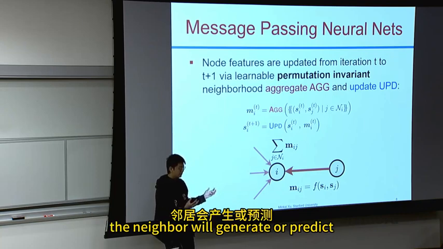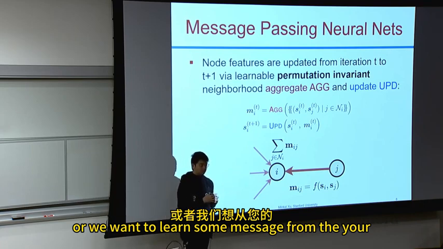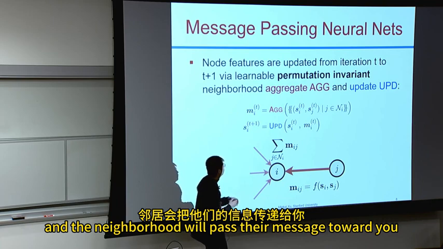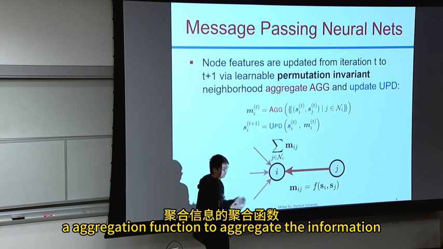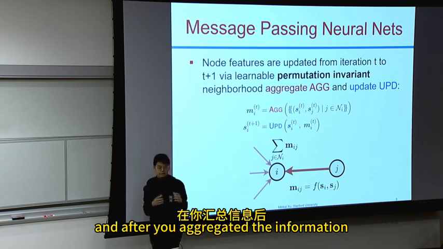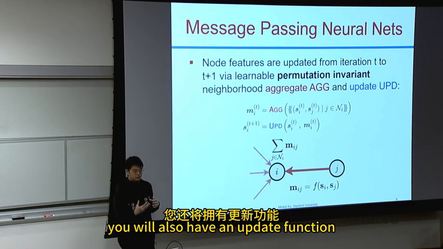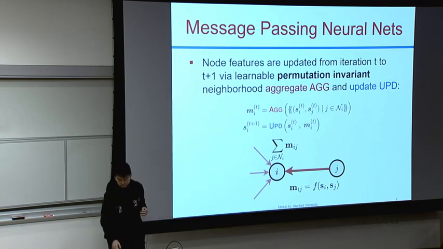We want to learn some message from the neighborhood, and the neighborhood will pass their message toward you. You will learn an aggregation function to aggregate the information, and after you have aggregated the information, you will also have an update function to learn how to update the current node embedding.